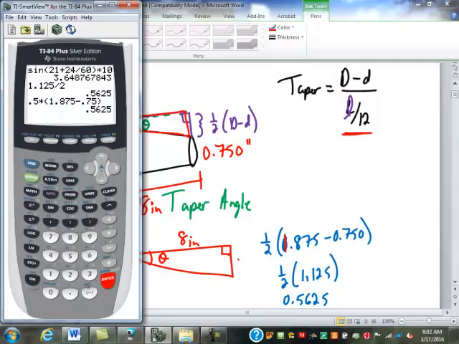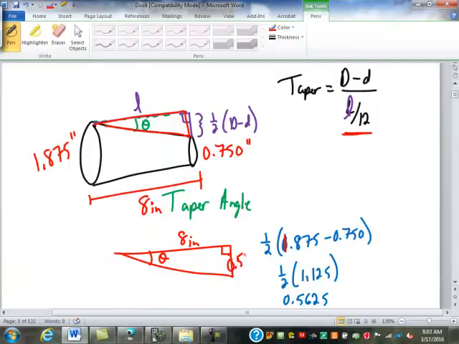Yep, times half or 0.5. What yours may have done is you may have done the subtraction then times the 0.5 at the end. And what will happen is if you don't put the parentheses in there, it'll take the 0.75 times 0.5, and then it'll subtract it, and that's how you get 1.5 for that. So this is 0.5625 inches.